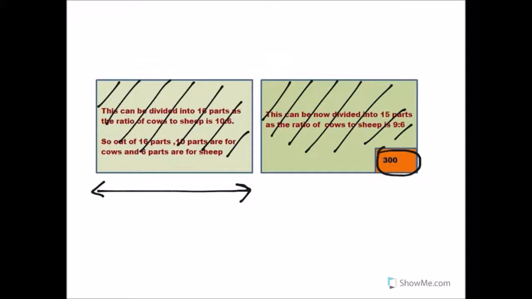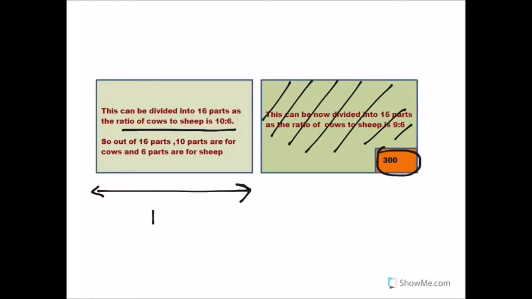The entire rectangle, which shows the number of sheep and cows to start with, can be divided into 16 parts, as the ratio of cows to sheep is 10:6.